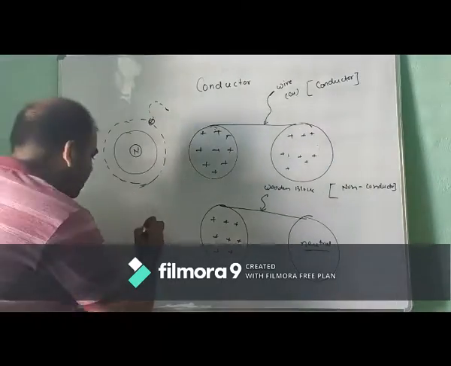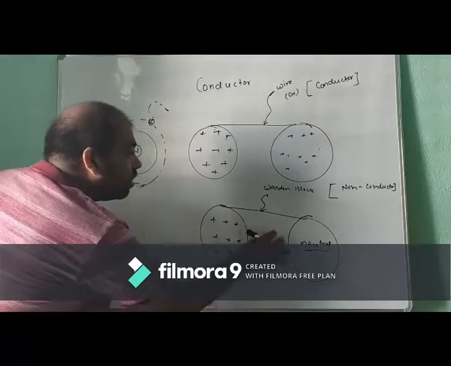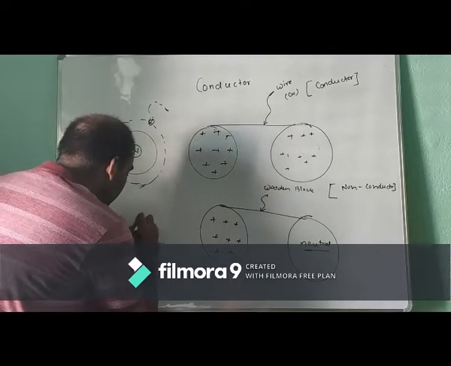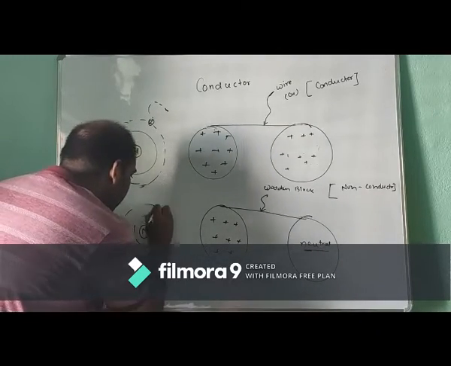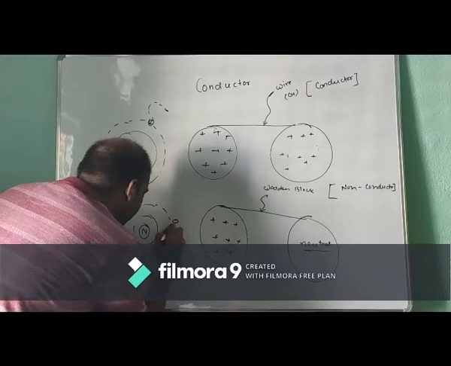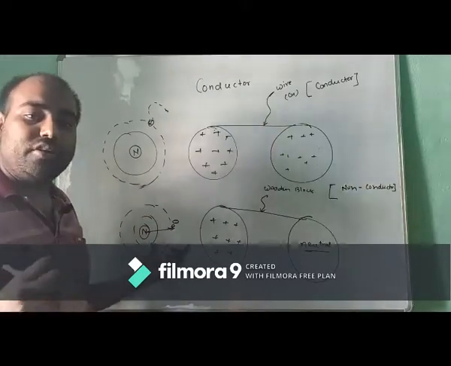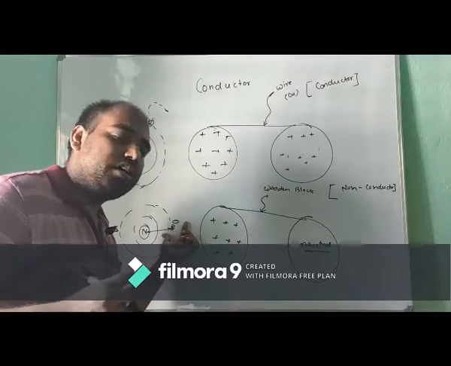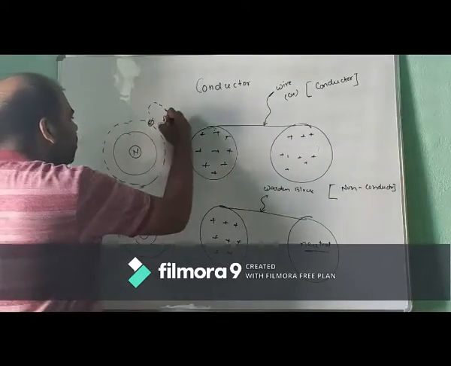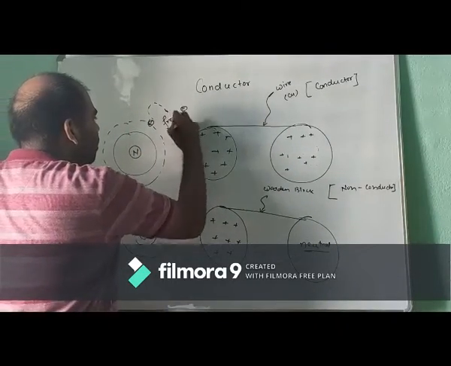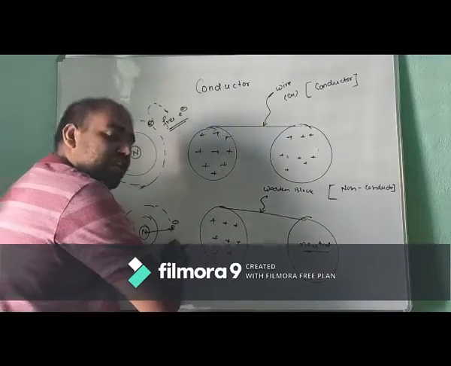While in a non-conductor, the valence electrons are bound by the nucleus. These are not free electrons here. So this is known as a free electron. In this case, it is not a free electron.